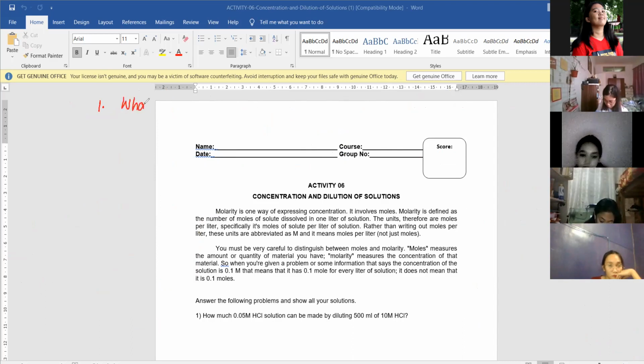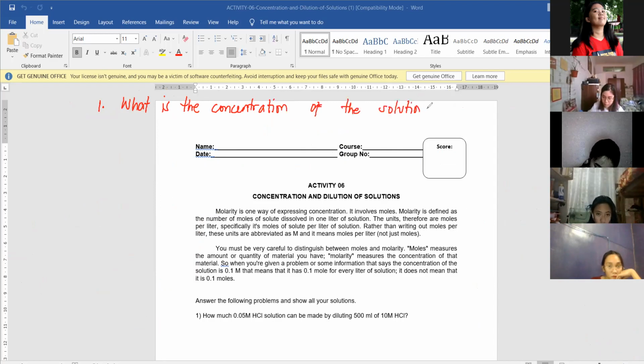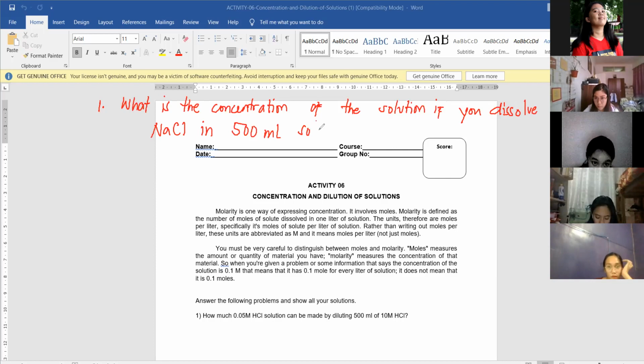So what is the concentration of the solution if you dissolve, example, you have your table salt there, 5 grams of NaCl in 500 ml solution. So ano daw yung magiging concentration kung nag-dissolve kayo ng 5 grams na sodium chloride in 500 ml solution.